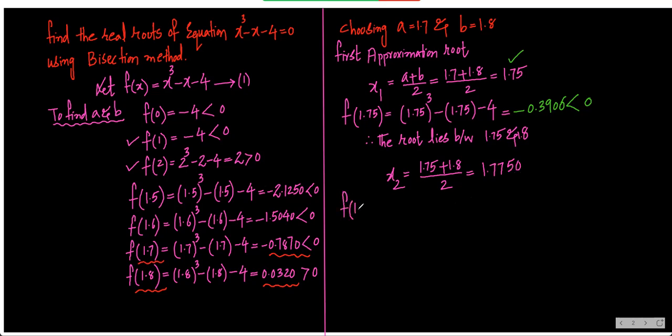F of 1.7750 is equal to 1.7750 whole to the power of 3 minus 1.7750 minus 4. Now find out the answer of this.